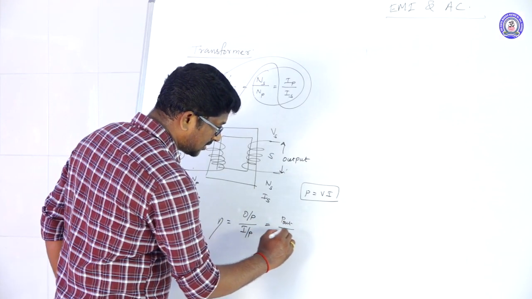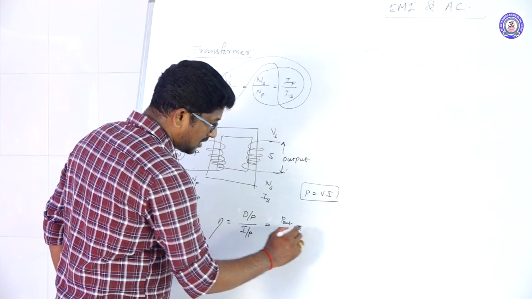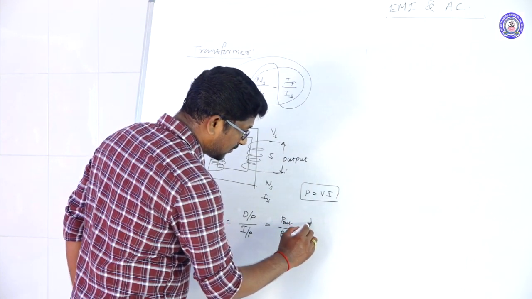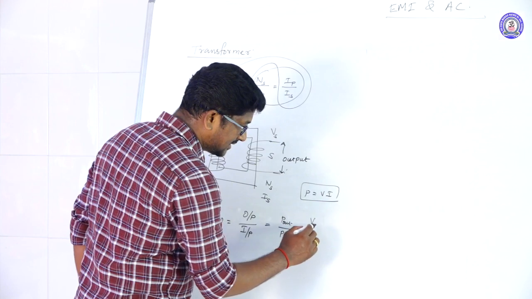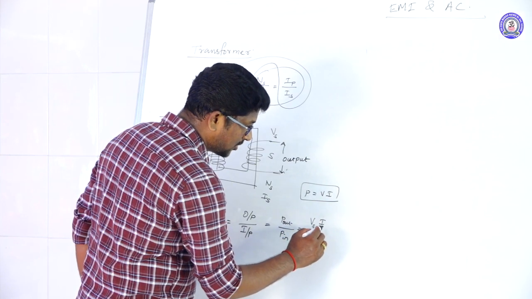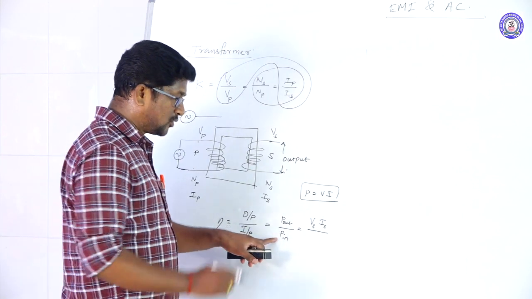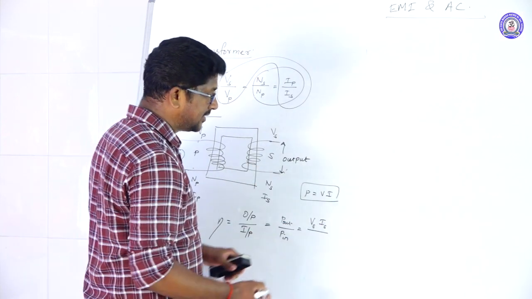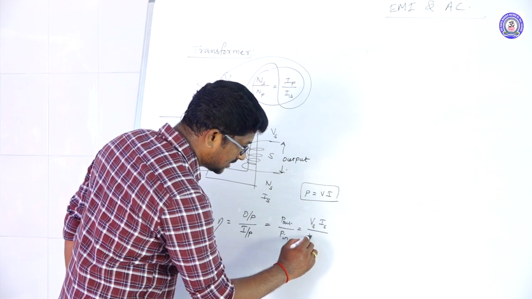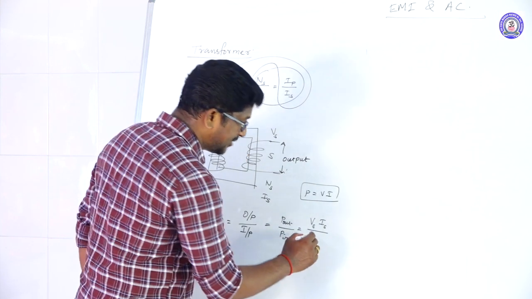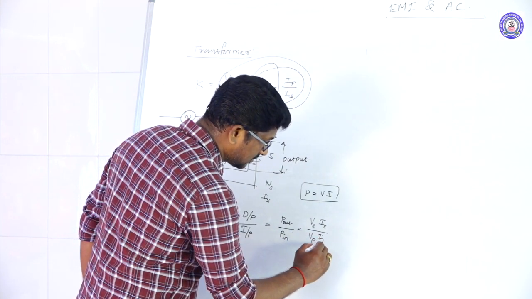Output power is equal to the product of output voltage, that is the secondary voltage, and output current, that is the secondary current, divided by input power, which is the product of input voltage and input current. Input voltage is the primary voltage, and input current is the primary current.